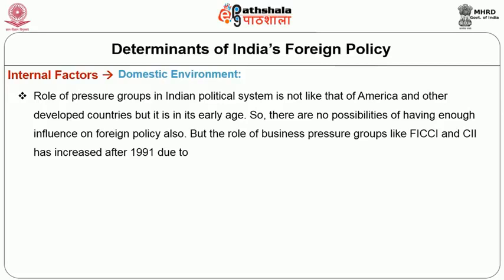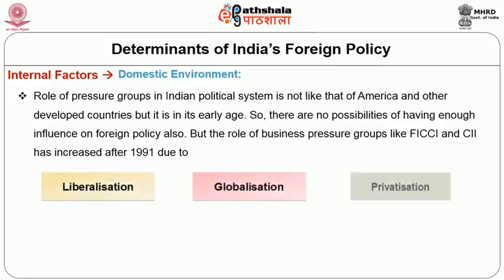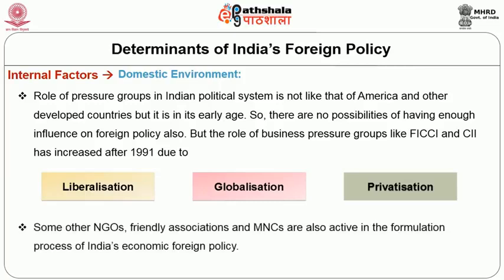But the role of business pressure groups like FICCI and CII has increased after 1991 due to the liberalization, globalization and privatization of the business. Some other NGOs, friendly associations and MNCs are also active in the formulation process of India's economic foreign policy.